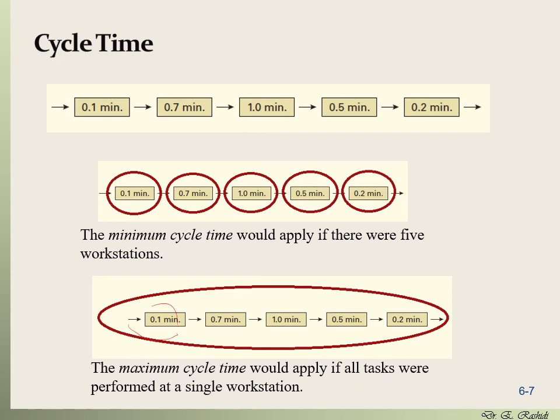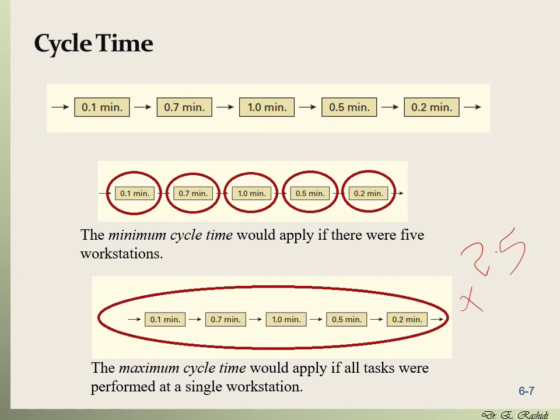So that would be 0.1 plus 0.7 plus 1 plus 5.5 plus 0.2, which is 7.5 minutes. If we bundle these tasks all together as just one single workstation and assign one operator to work on this, it's going to take that long to complete each unit. So if this workstation works continuously, we're going to get a finished product every cycle.